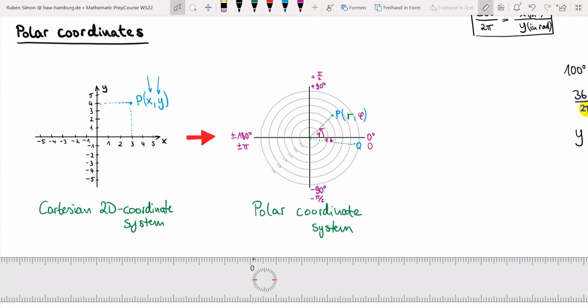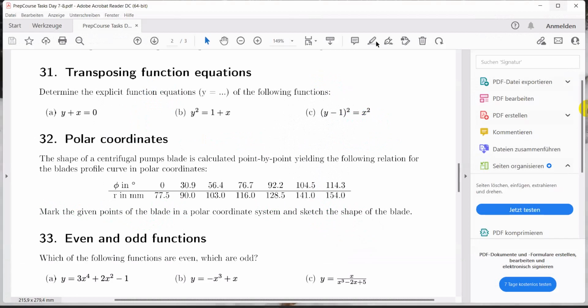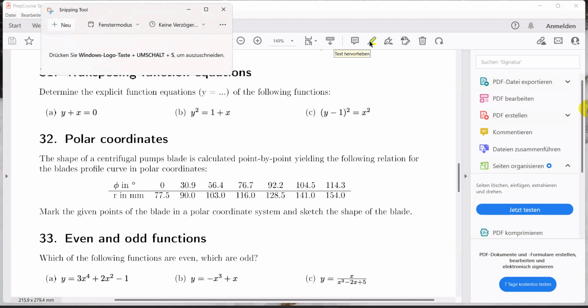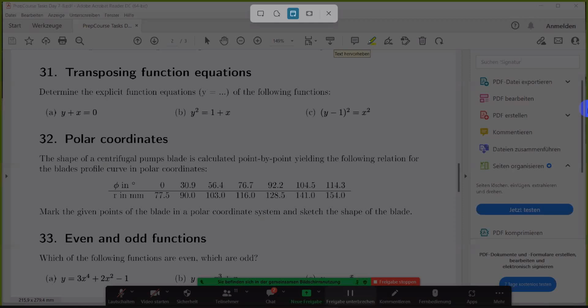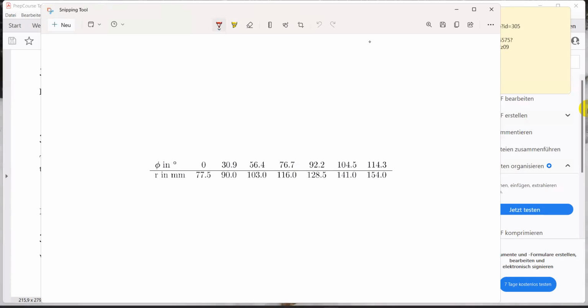Of course, I'm unable to do this on this plain white paper, but we could think of how this could be done. So we have certain points given by their polar parameters in here. As you can see, you have sets of given values for an angle and a corresponding radius. Let's copy that.